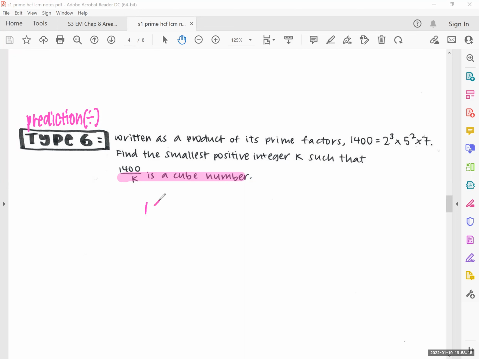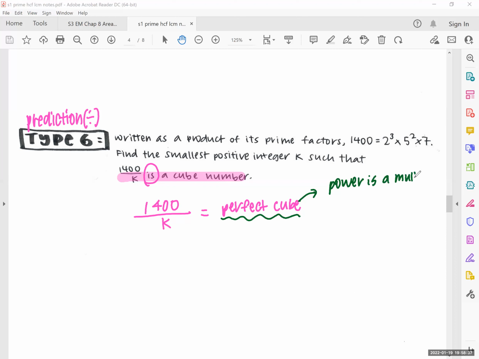Can you see here is 1400 over k, it means equal, and I write perfect cube. So the same concept, I know that perfect cube means that my power is a multiple of 3. Now I want you to take a highlighter and write that down, this divide thingy. This is a divide sign.